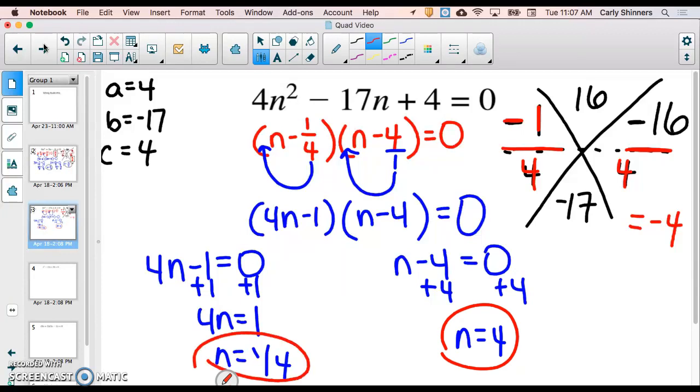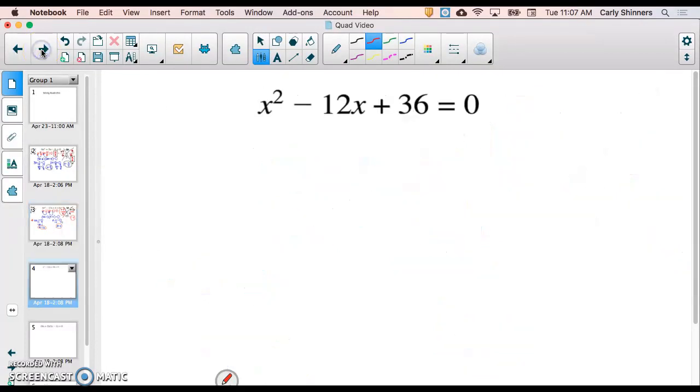And again, notice, aren't they just the opposites of these values? Yeah. So really, when you create your diamond, you're finding your x-intercepts. They're just the opposite. So that's a great way to make sure you solved these correctly. So let's try this one now.